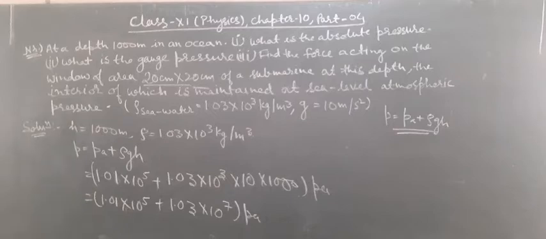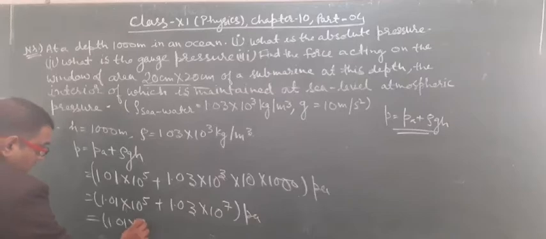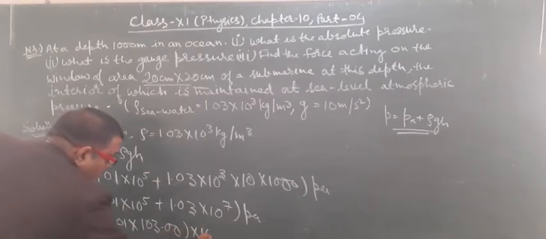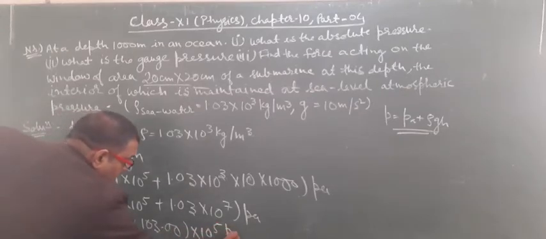Now if we take 10 to the power 5 common, 1.01 plus 103.00, into 10 to the power 5 Pascal.